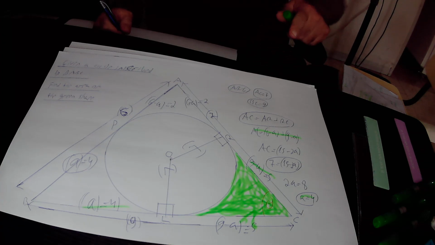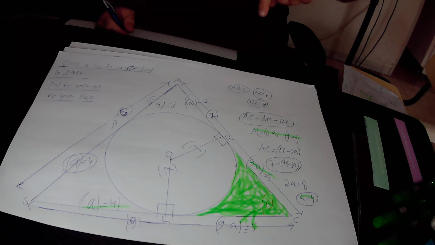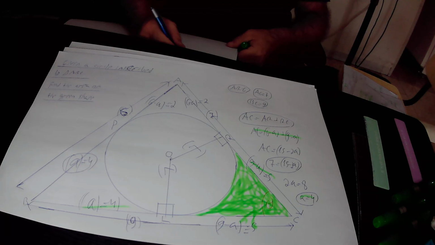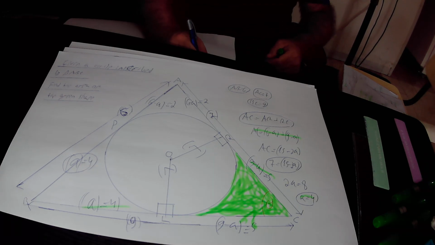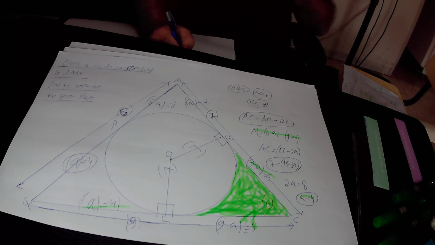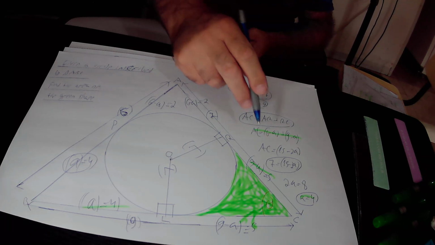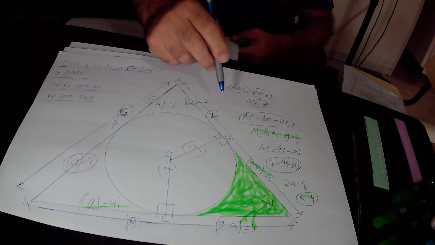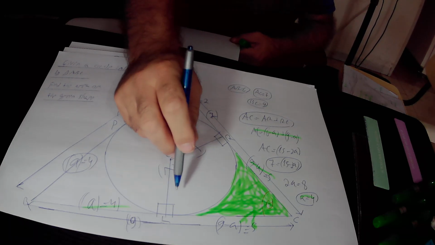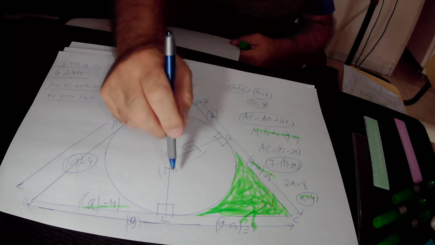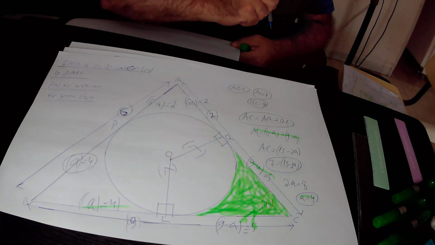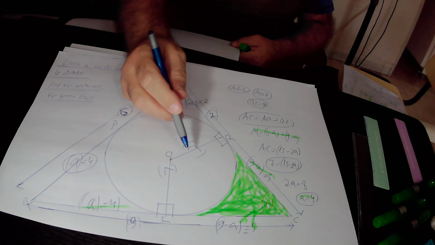Our task is to find the area of this green shape. From the drawing it is very easy to see that the area of this ring shape equals the area of quadrilateral QOLC minus the area of this sector QOL.